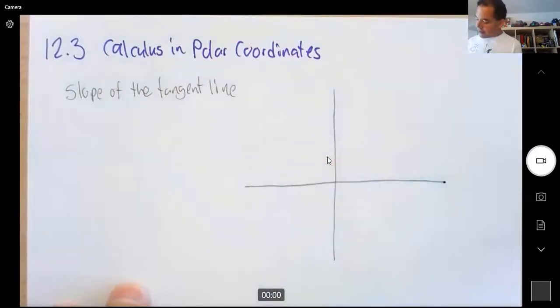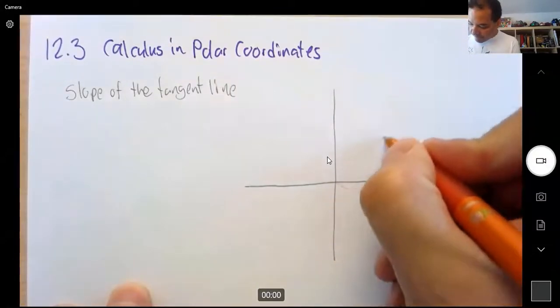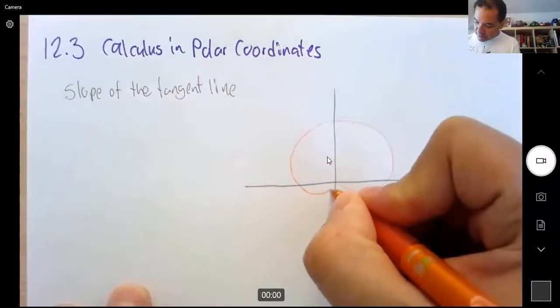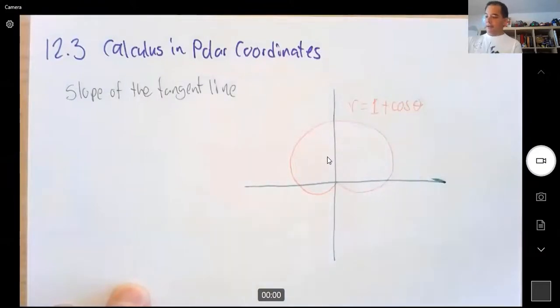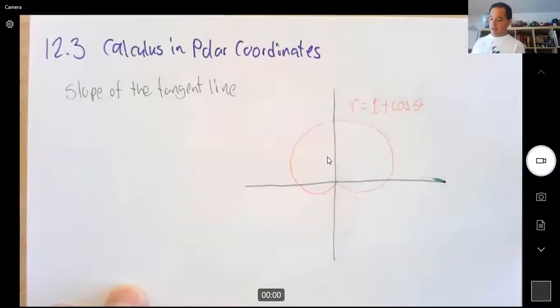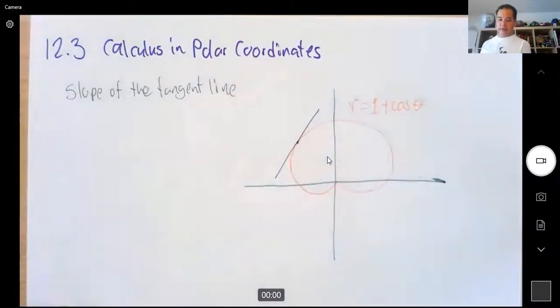Say we have one of those graphs that we were studying yesterday, like our cardioid, this 1 plus cosine theta. And we ask ourselves at some point over here, what is the slope of the tangent line?